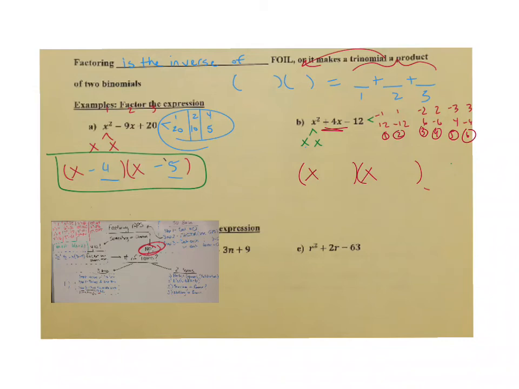Now, what we're going to find out is there's a shortcut. If this is 1x squared, which it is, you can just do a little shortcut. If I put negative 1 and 12 in here, it's going to end up giving me x squared plus 11x minus 12. Not what I want.